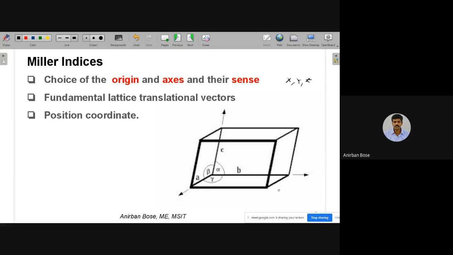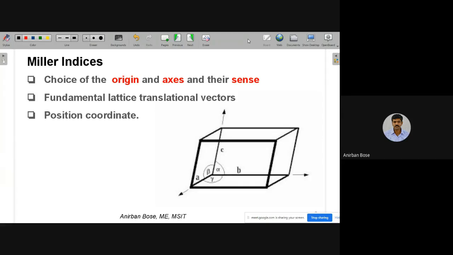The included angles, you can see, are alpha, beta, gamma, and these are not necessarily 90 degrees. So the naming generally given for the axes is A, B and C. Clear? This is the first thing. It is not X, Y, Z. Many books probably use X, Y, Z, but remember why we are considering A, B, C, not X, Y, Z.